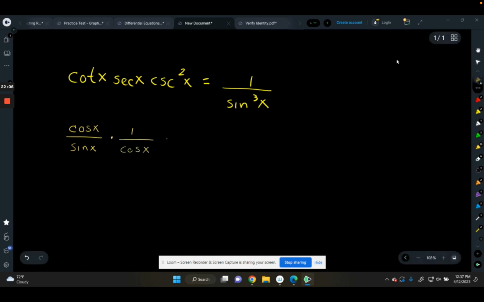And we'll change the cosecant squared to 1 over sine squared. Okay, we're leaving the right alone. So then we see that the cosines cancel. And we're left with 1 over sine times sine squared, so that's sine cubed. And that equals 1 over sine cubed. And we're done.